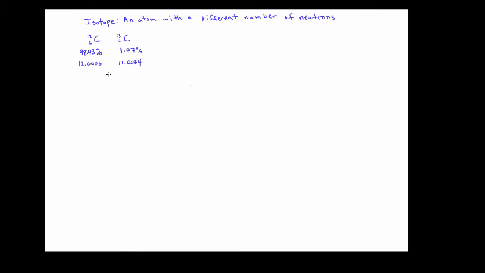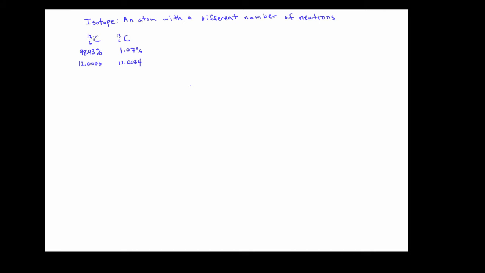The difference being is that the C12s all have essentially 6 neutrons, whereas the C13, the one individual out of the 100 individuals in the room, has 7 neutrons instead. How do I know this? This number at the top on the left side. In this notation, where we have the atomic symbol, you see that there are 2 numbers.